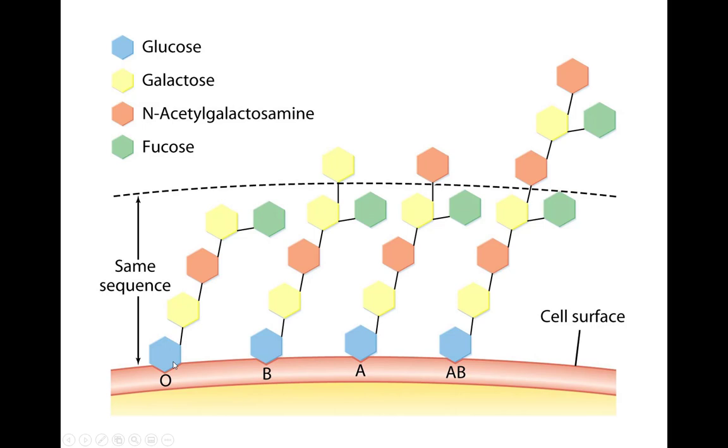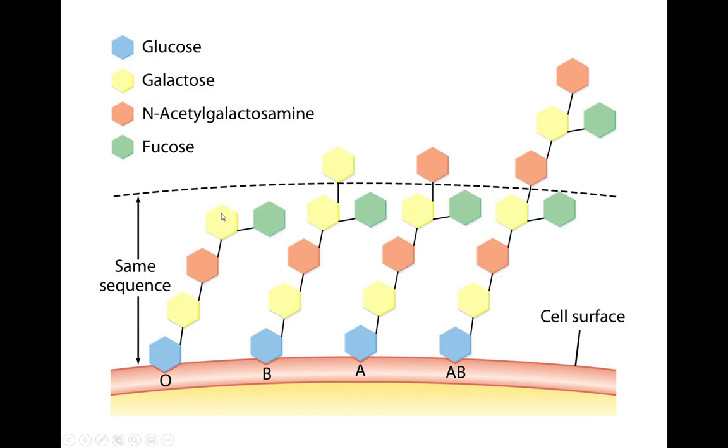And these would be a combination of glucose, glycosidically linked to galactose, which is linked to N-acetylgalactosamine, the N indicating that there's a nitrogen in that particular carbohydrate, to another galactose, and then to a fucose, which we did not talk about.